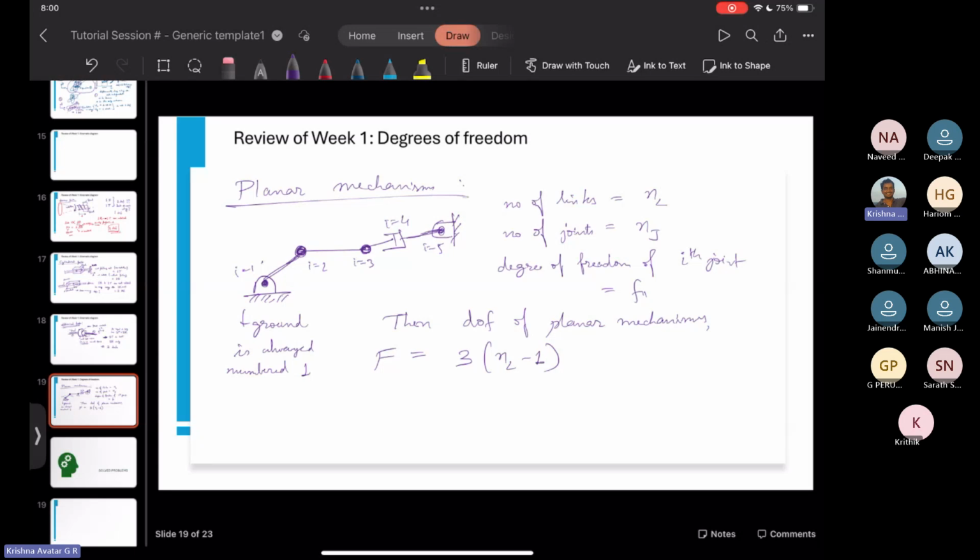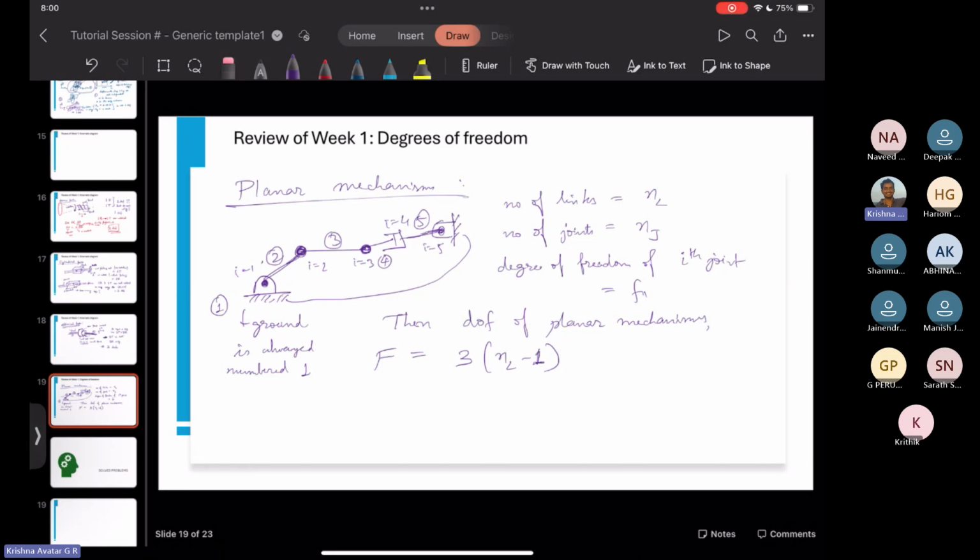So always counting starts with the ground. So ground is 1. Then this is link number 2, 3, 4, 5. And this ground is just part of the same ground, so we don't need to number it again. So that's the reason we subtract 1 always. So 1 indicates that we are subtracting ground from here.